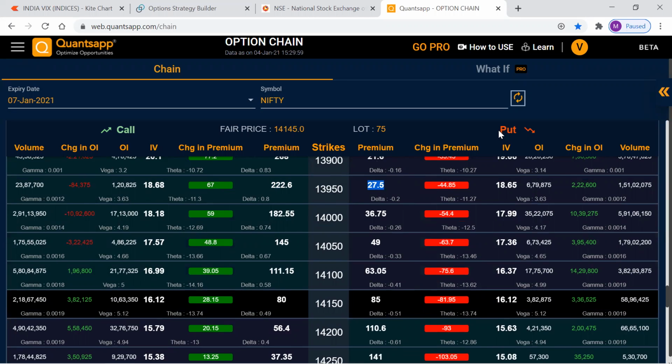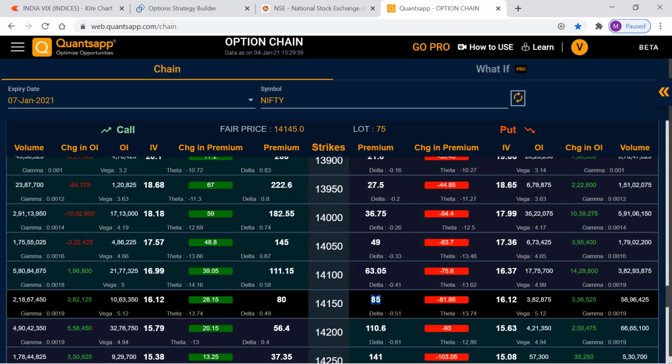This is the put side, and this is the call side. Imagine that I have selected the 13,950 put. What's the premium? It's 27.50. Look at Vega. It's 3.63. Now let's look at the at the money strike's Vega. It's 5.16.